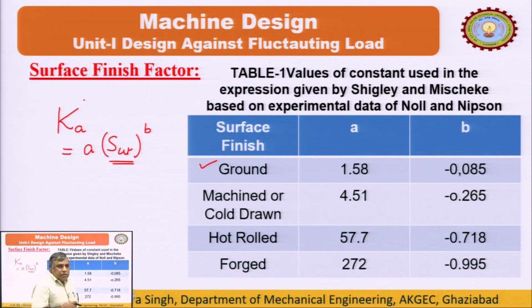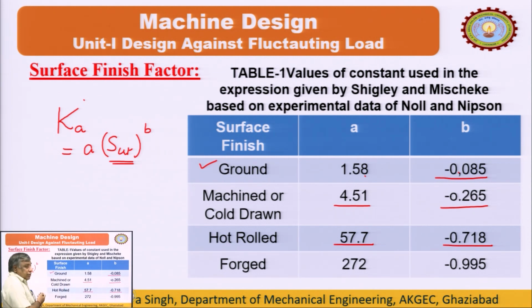If the component is ground, meaning it has a ground finish, then A is 1.58 and B is minus 0.085. If it is machined or cold drawn, then A is 4.51 and B is minus 0.265. If the component is hot rolled, then A is 57.7 and B is minus 0.718.